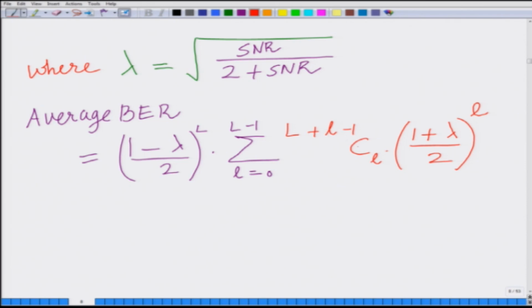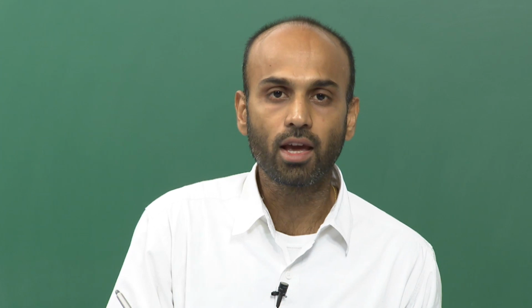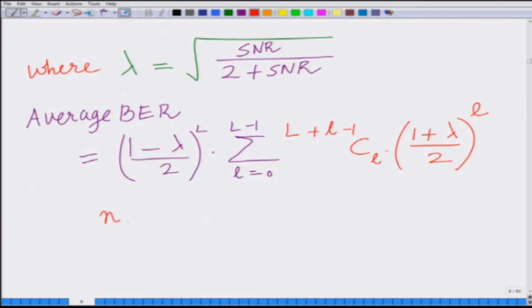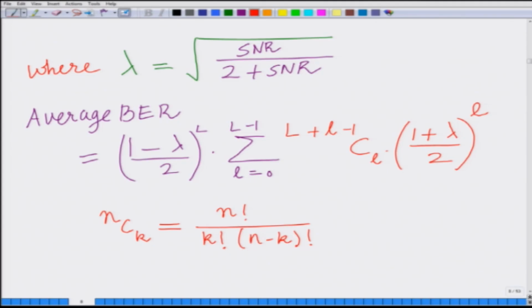And you can see this notation, L plus l minus 1 choose l, is the N choose K or NCK notation, that is N choose K is equal to simply N factorial divided by K factorial times N minus K factorial.